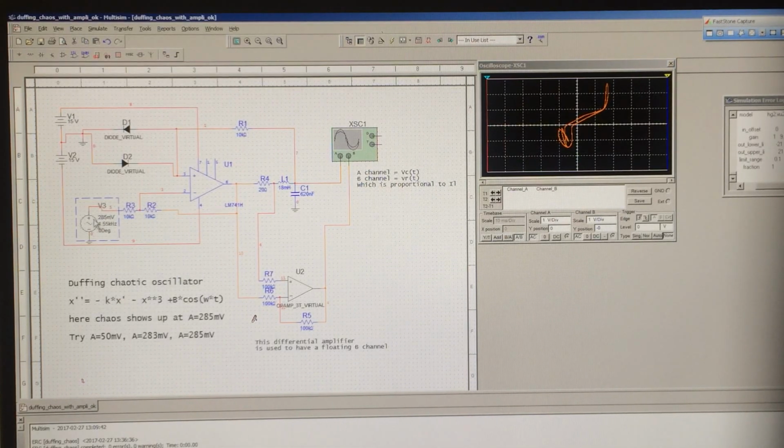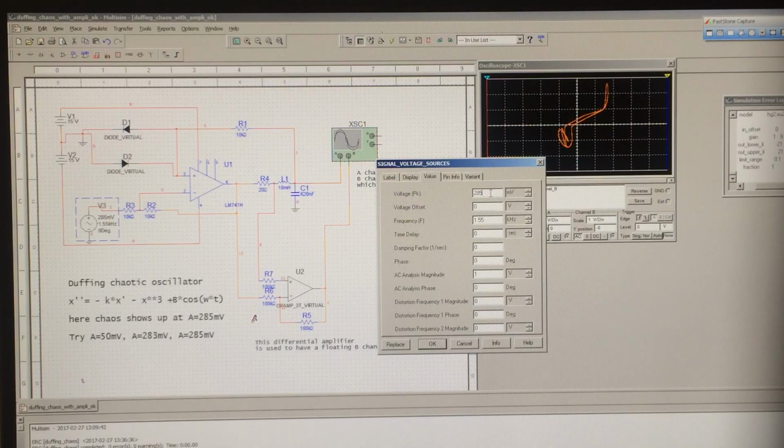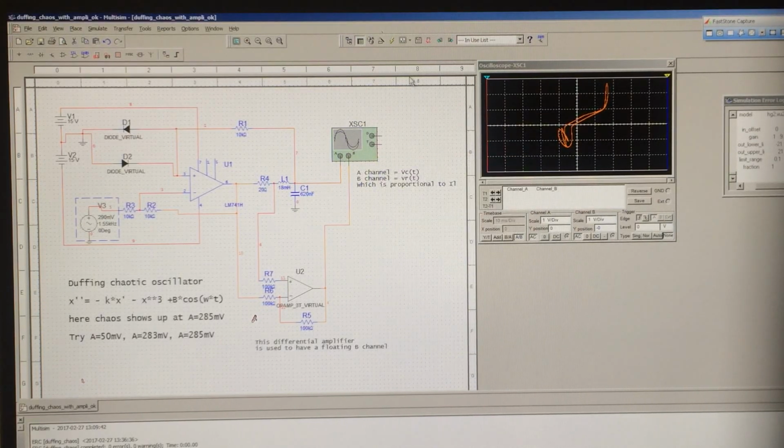Let's go on to 290, and we will launch again.